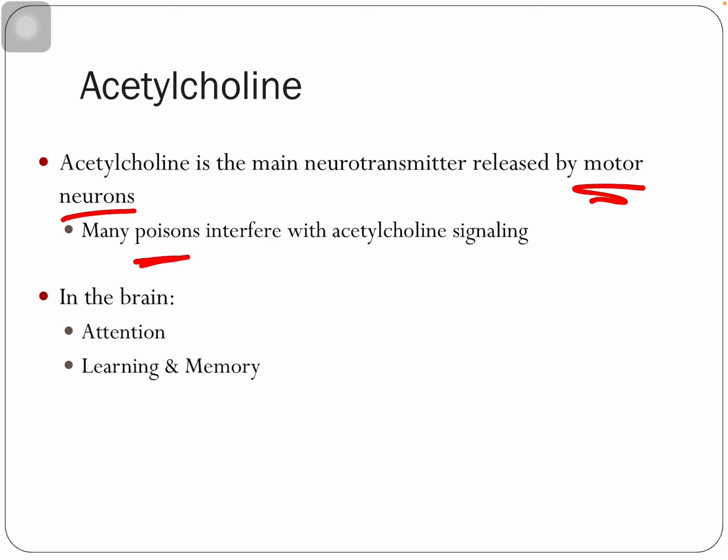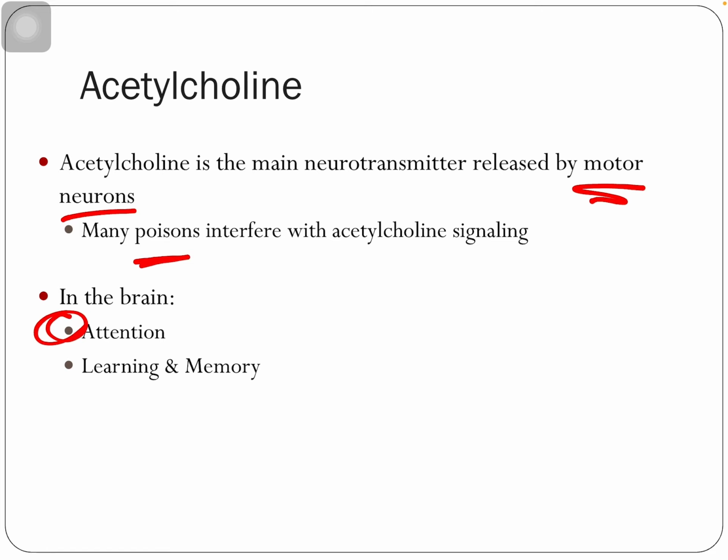Too much acetylcholine can cause you to spasm, for example, black widow venom. Or it could interfere with the signaling so you don't have enough, and that could paralyze you, like the botulinum toxin, which is where we get botulism poisoning. It can paralyze you and can kill you because the motor signaling that's important for things like breathing can stop, and obviously that can make you stop breathing and die.